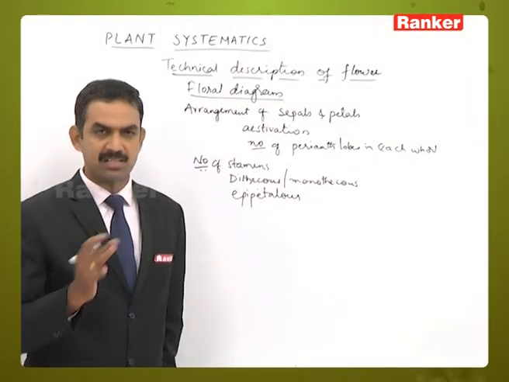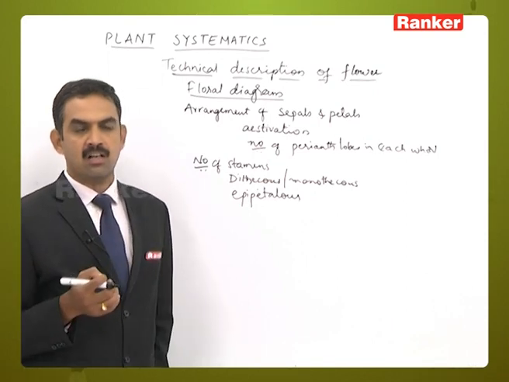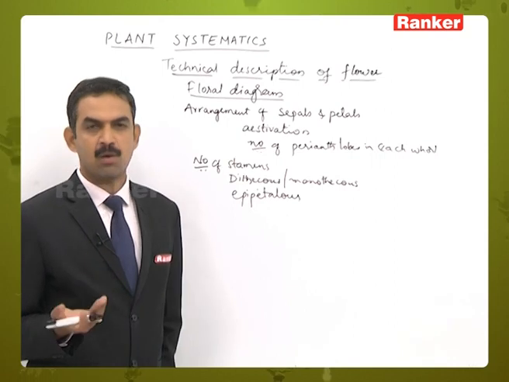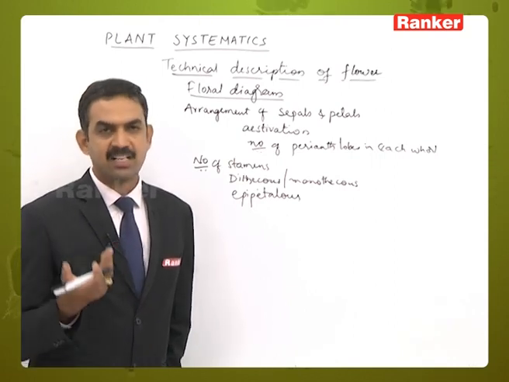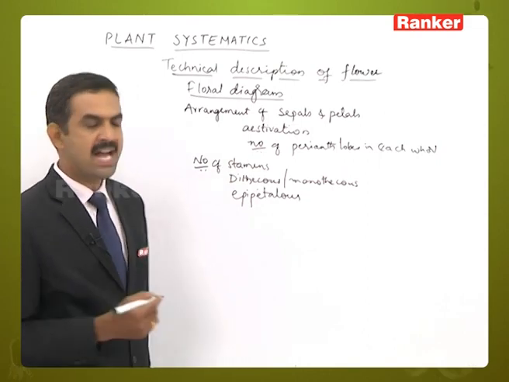So, epipetalous condition present or absent, and the position of the stamens, that is whether the stamens are opposite to the petals or alternating with the petals, that character can also be observed in the floral diagram.